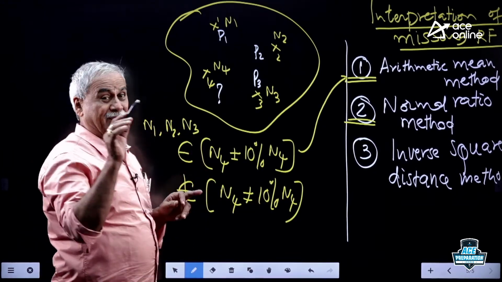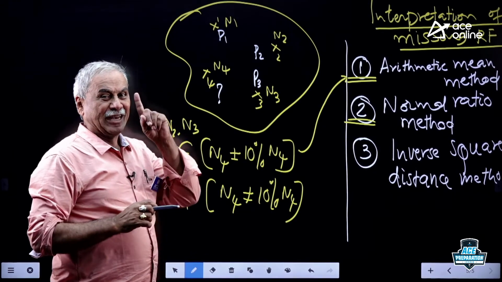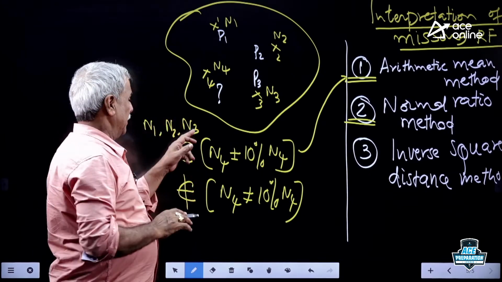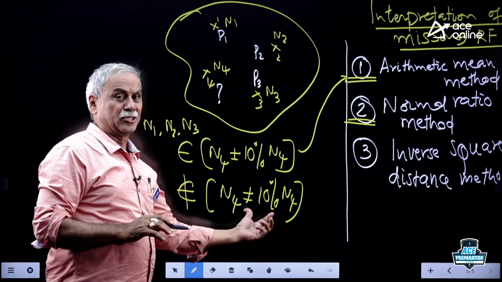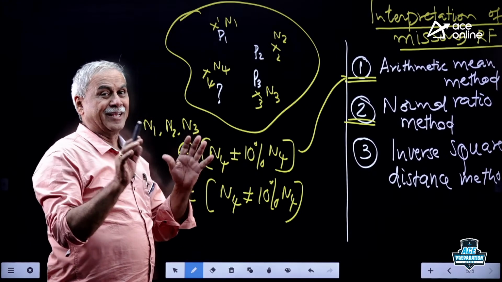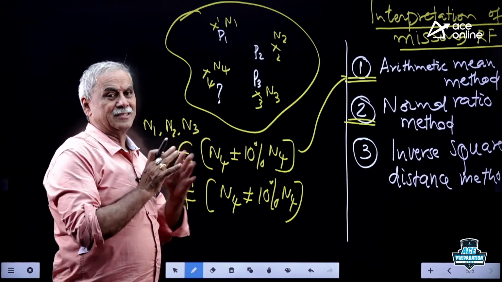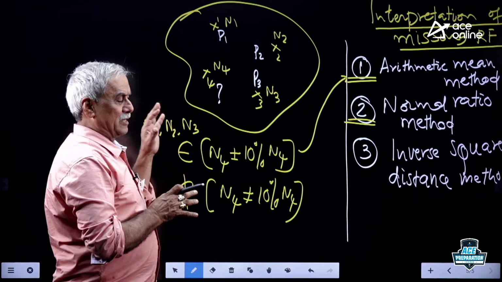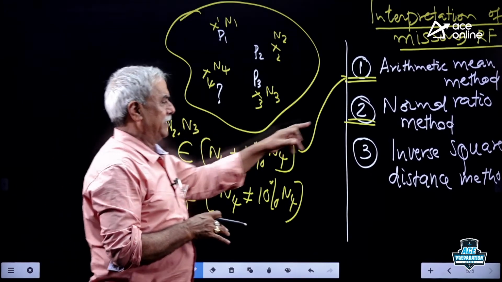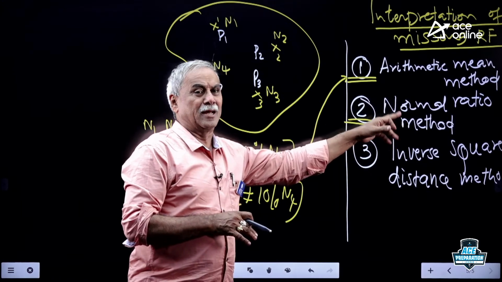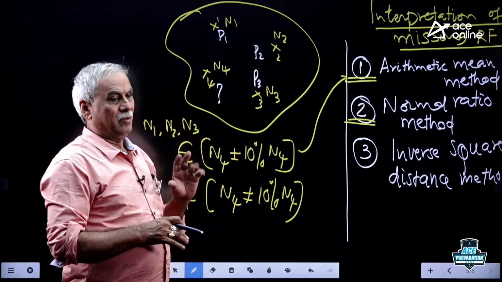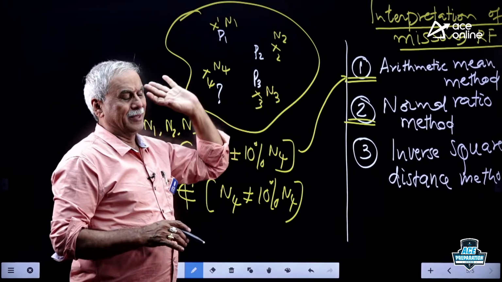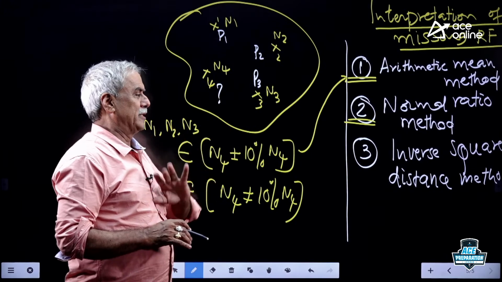If out of N1, N2, N3, at least one rain gauge station's normal annual rainfall is not falling in the 10% margin of N4, then I can say that they are not homologous, they are not belonging to the same category. When they do not belong to the same category, the only method option is the normal ratio method. When all the four are having the close margin of 10%, arithmetic mean method, otherwise normal ratio method.